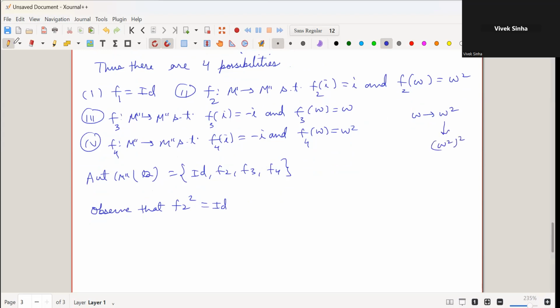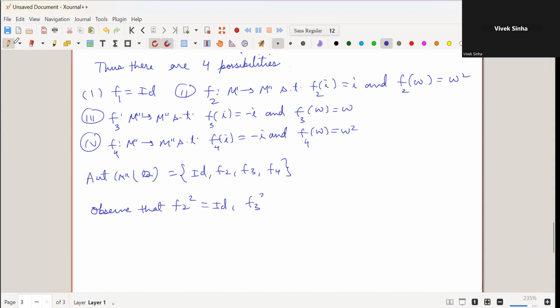And what is omega square square? That is omega 4. And since omega cube is identity, this is nothing but omega. So omega is mapping to omega, and Q is anyway fixed. So F2 square is identity.